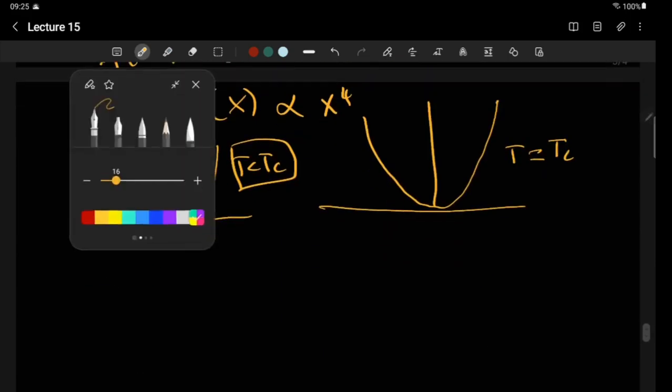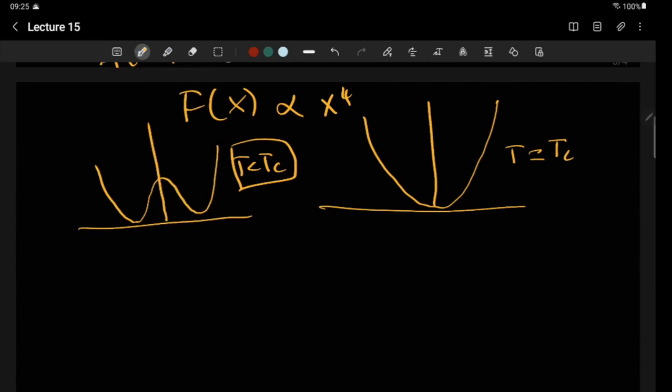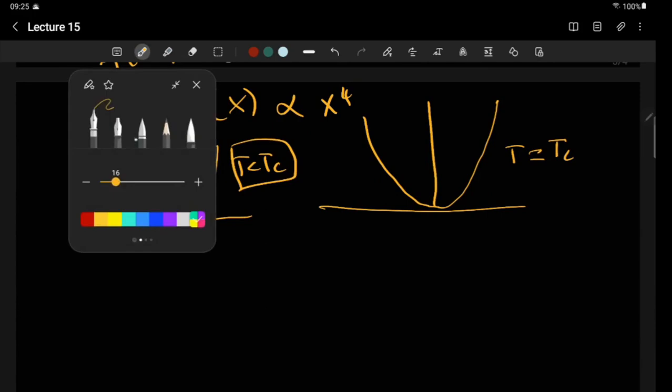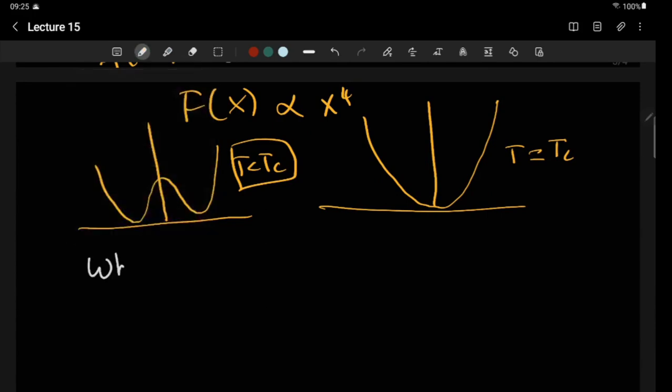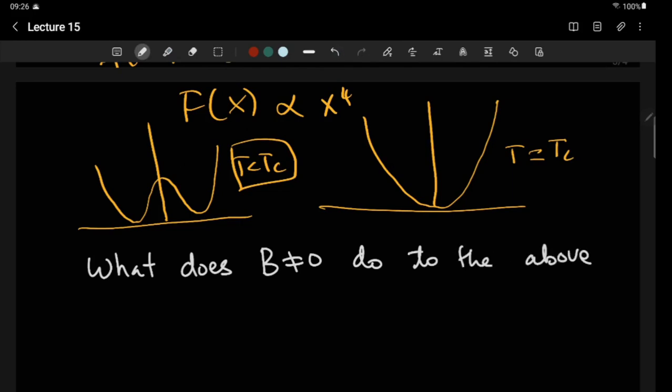So now what we want to do is consider the above picture with b not equal to 0.